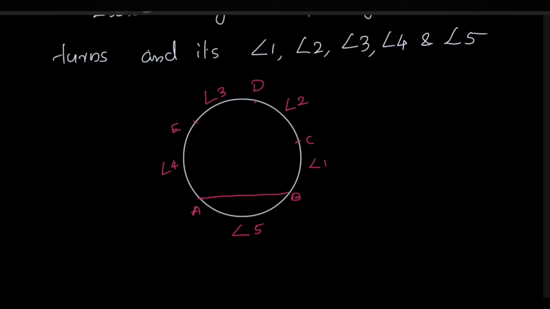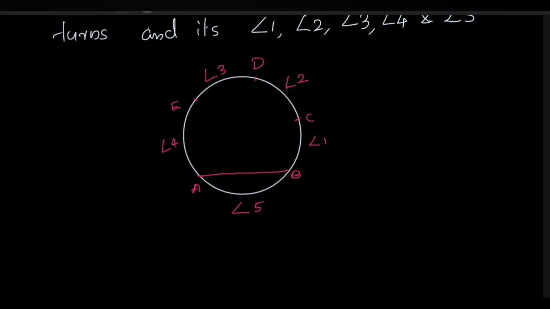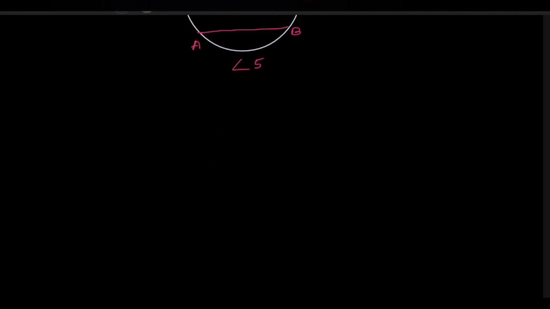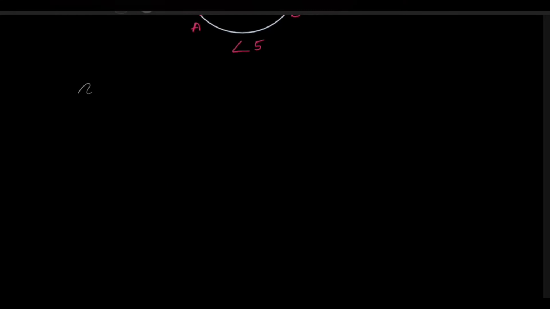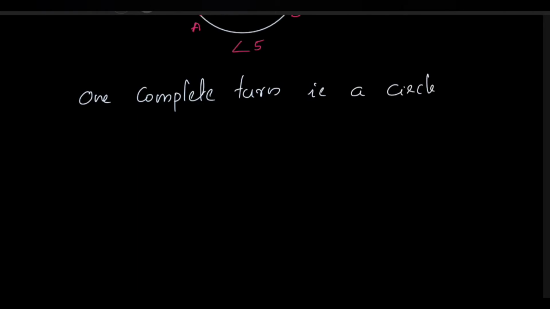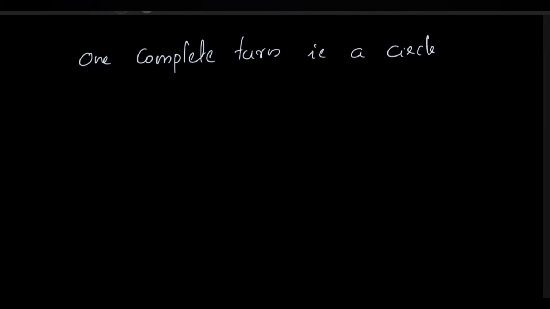a complete circular motion. That is, it takes one complete turn. The boy is taking one complete turn, or one revolution, over the circumference. In its motion it takes a complete turn, or circular motion. So what does a circle mean?